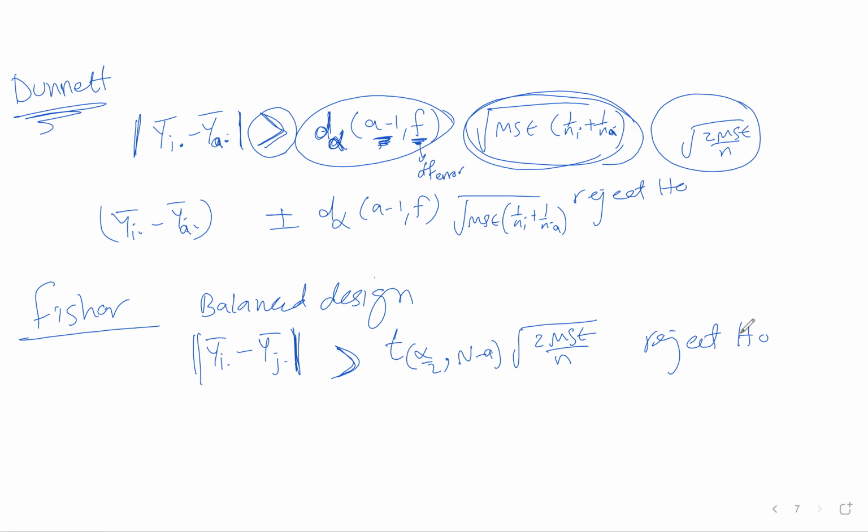Otherwise, fail to reject H0. And the simultaneous confidence interval will be yi dot bar minus yj dot bar plus or minus t alpha over 2 and big N minus A times the square root of 2 MSE divided by N.